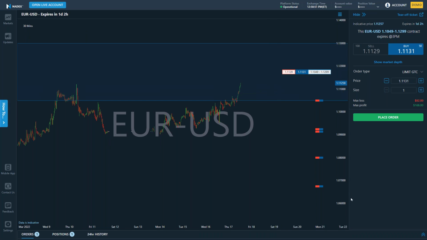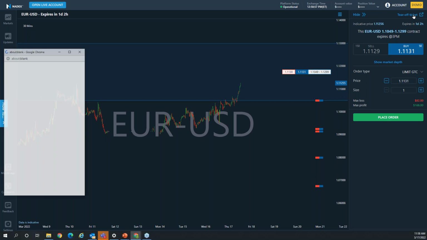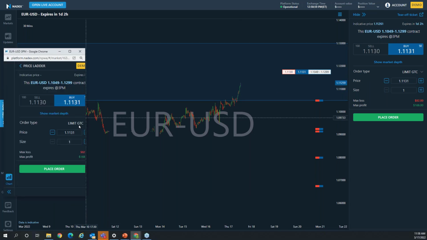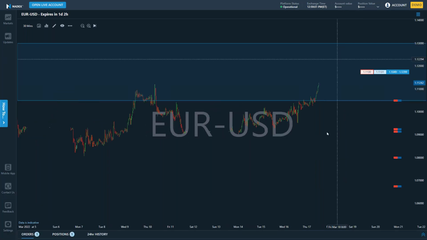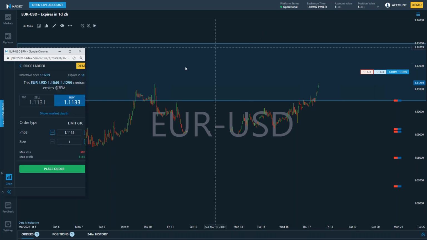Hold on, I'm trying to read a quick question. Oh, you know what I can do? I'm tearing off the order ticket, and I can hide this, and I'm hoping that you can see this. This is just functionality on the platform.